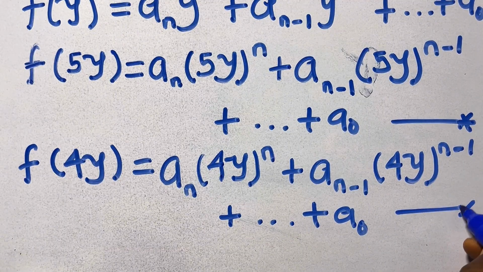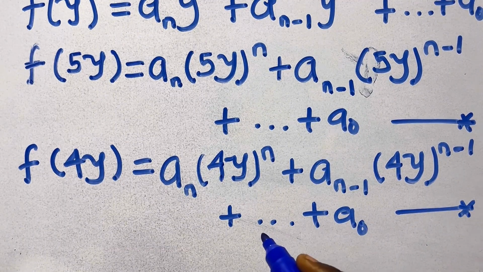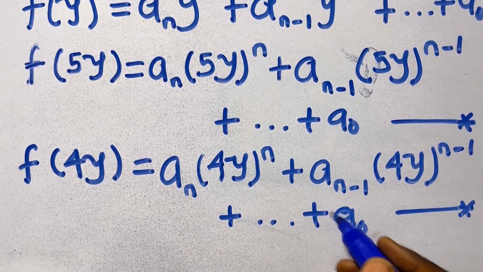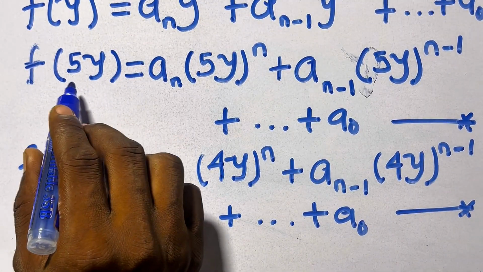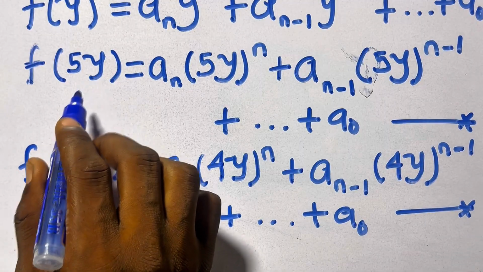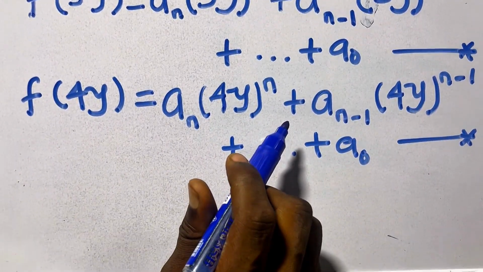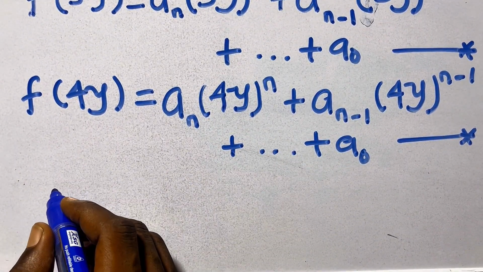Since we have the two expressions, it is easy for us to subtract f of 4y from f of 5y. So let's do as we are given in the equation.